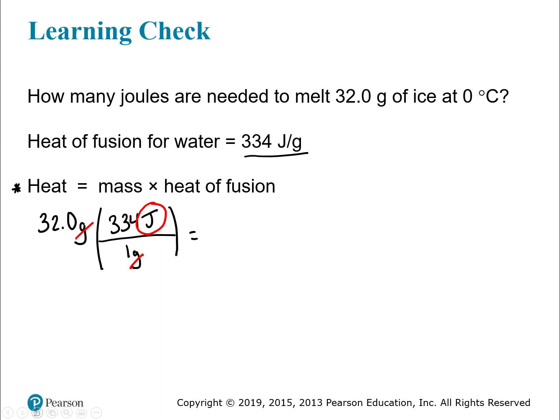When you're entering this into your calculator, you'll do 32 times 334. That's what your calculator will tell you.